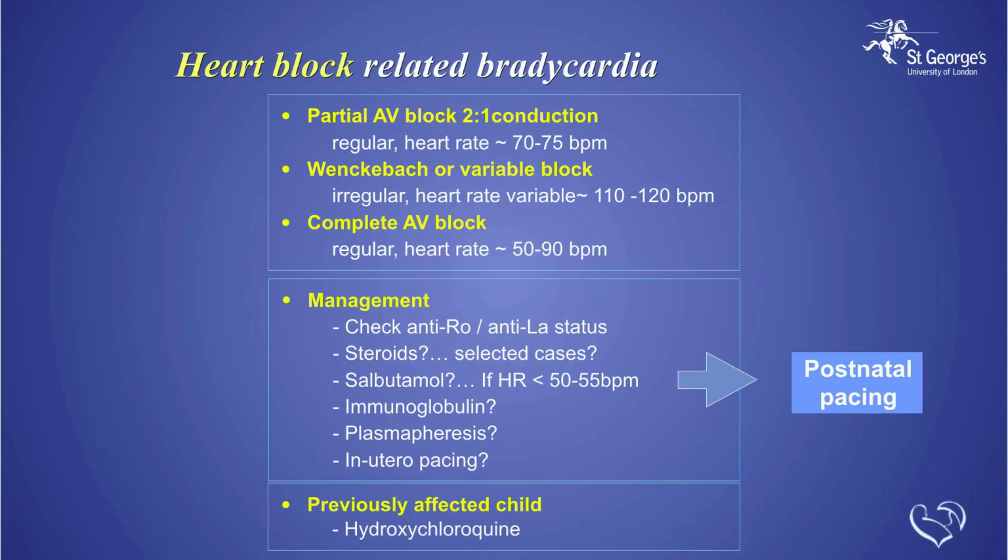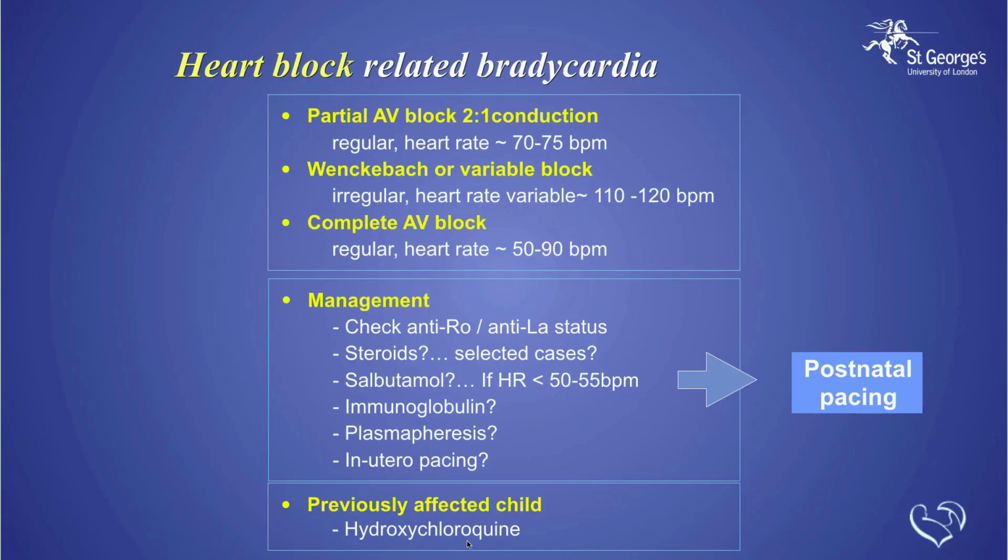Now remember that if there is a previously affected child with heart block in mothers that have anti-Ro, anti-La antibody, there are some studies quite convincing. There were some studies that have just closed on the preventative use of hydroxychloroquine from even before the pregnancy, certainly before 10 weeks of pregnancy.